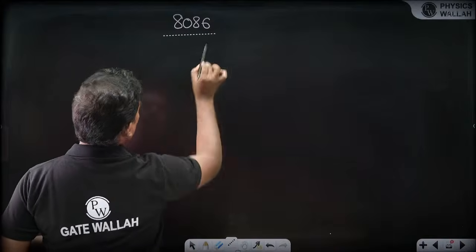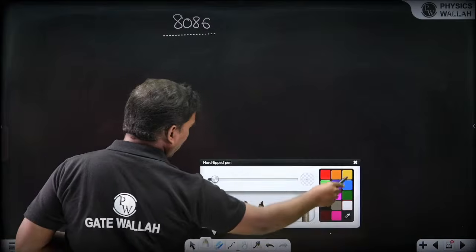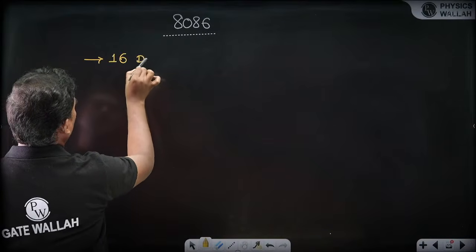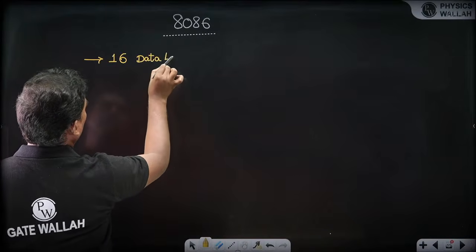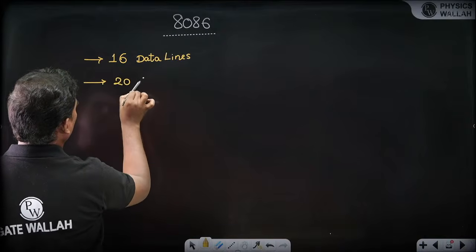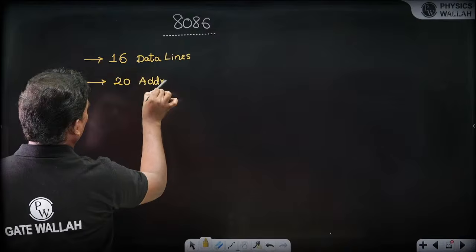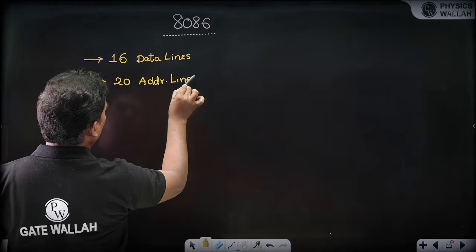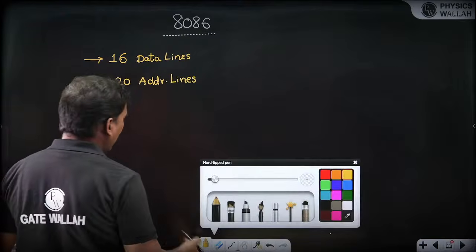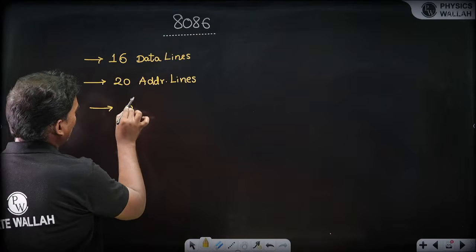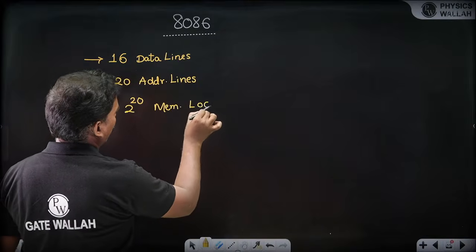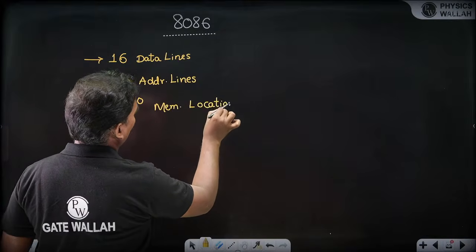The 8086 microprocessor has 16 data lines and 20 address lines. 20 address lines means it can access up to 2 power 20 memory locations.